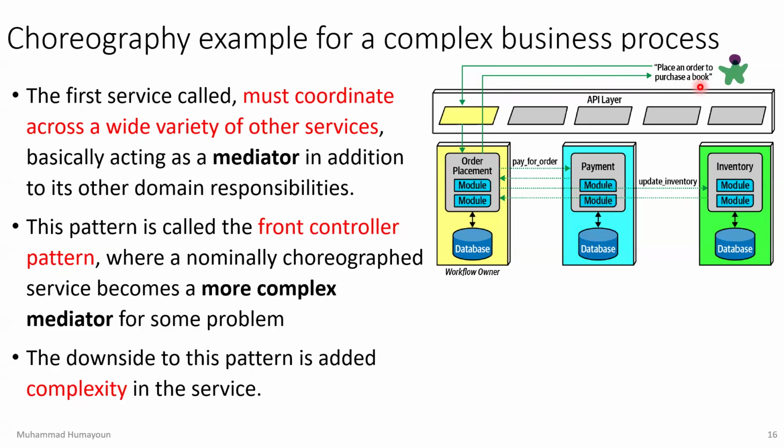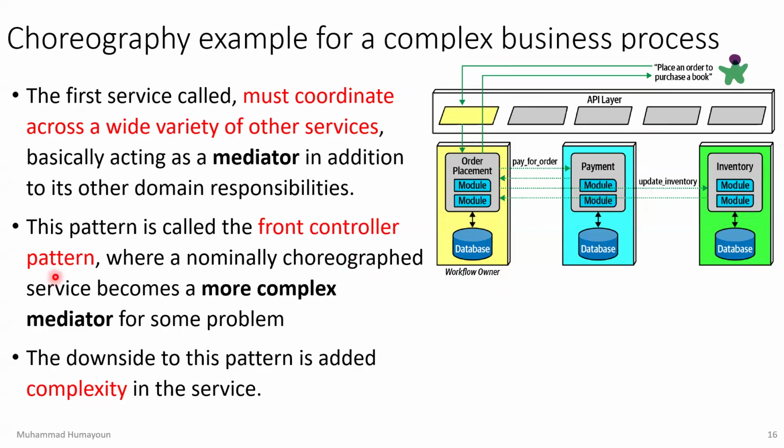So in this, as we can see, this order placement service must coordinate with other services. So it is actually acting as a basic mediator between different microservices. The example that we just looked at is called the front controller pattern. So this is the front controller pattern.